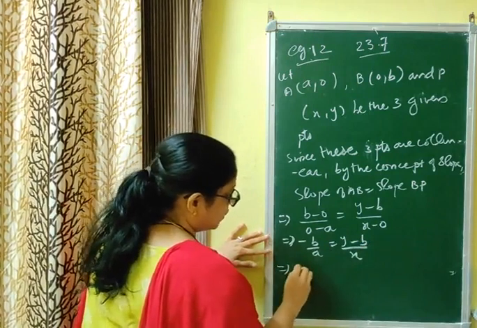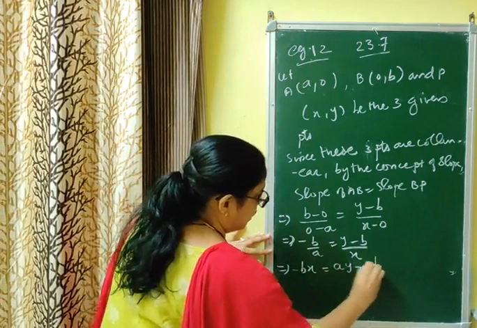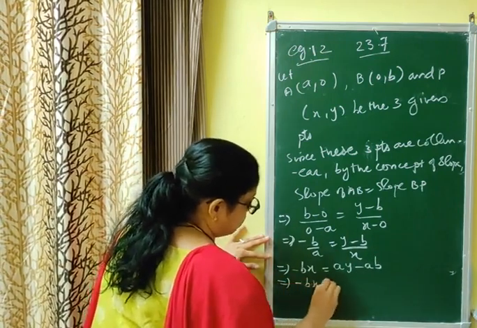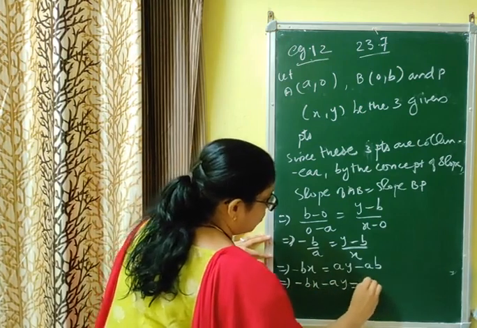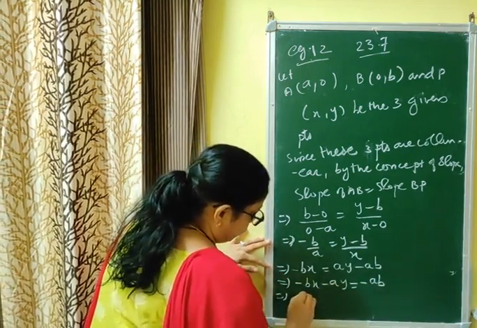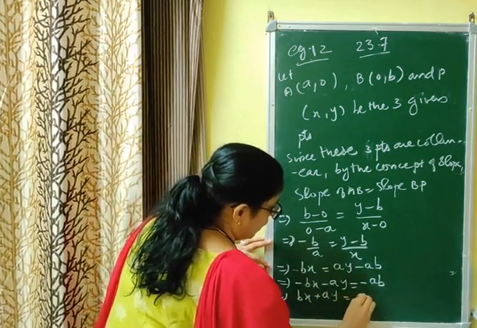That means by cross multiplication minus bx is equal to ay minus ab. That means minus bx minus ay is equal to minus ab. By taking minus sign common, you will get bx plus ay equal to ab.